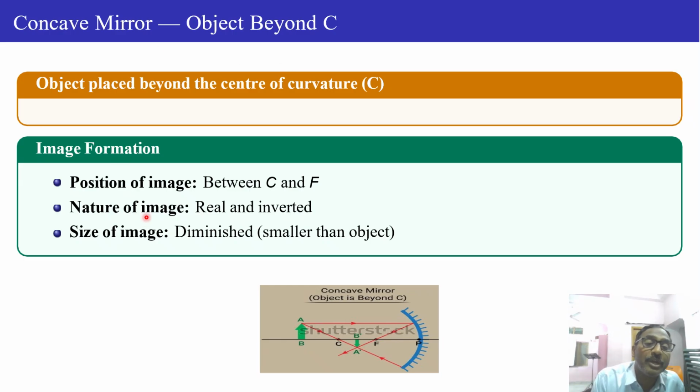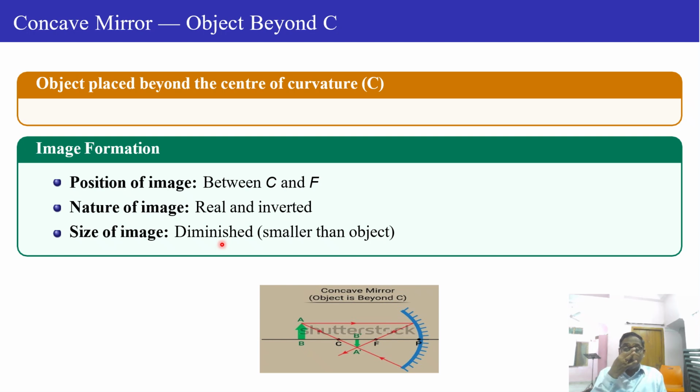Here image formation, position of image between C and F. If you take object beyond C, nature of image real and inverted. Size of image diminished.